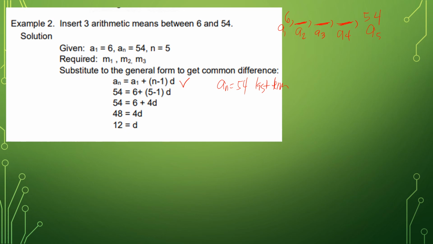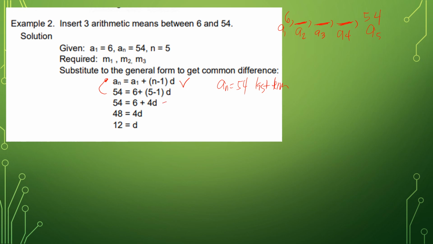We can substitute 54 to a sub n. Your first term is 6, so this will become 6 plus, 54 is your fifth term, so 5 minus 1 times D. 54 is equal to 6 plus 5 minus 1 is equal to 4, so times D, this will become 4D.